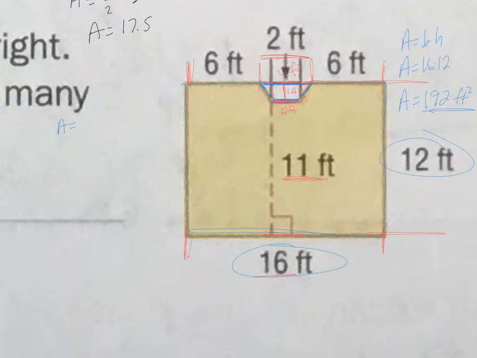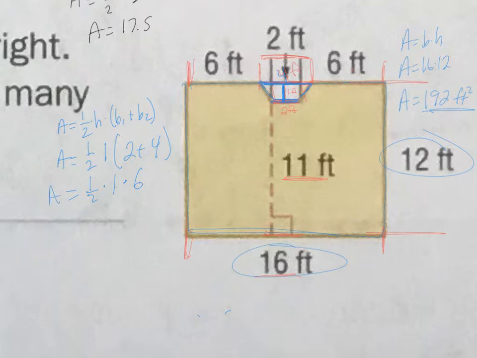Trapezoid is area equals 1/2 times the height times base 1 plus base 2. Okay, area equals 1/2. The height, I figured, is this right here, is 1, times 1. And then one base is 2, and another one is 4. Okay, so 2 plus 4 is 6, times 1 times 1/2 equals area.